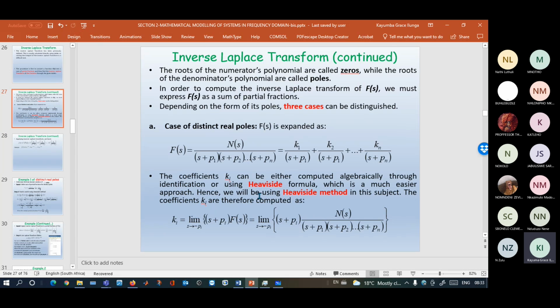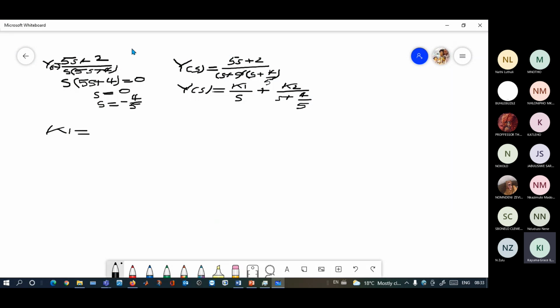So we'll have the limit of s approaching 0, and the factor under k1 is s.